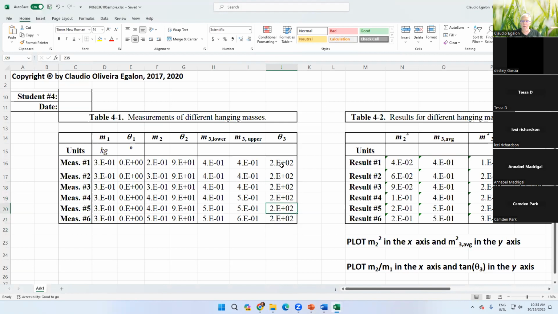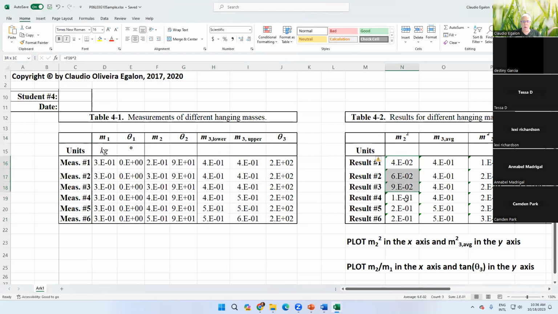What's the next table? I have M2 here, those seven values, and those are all raw data. Everything else that follows are going to be results.